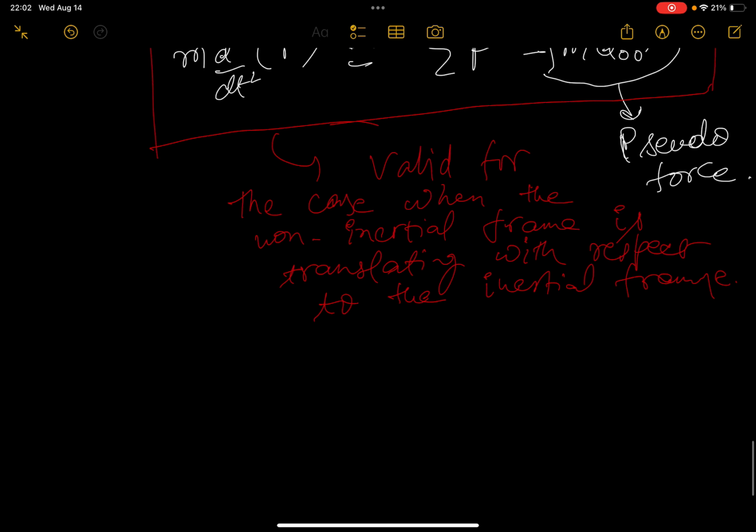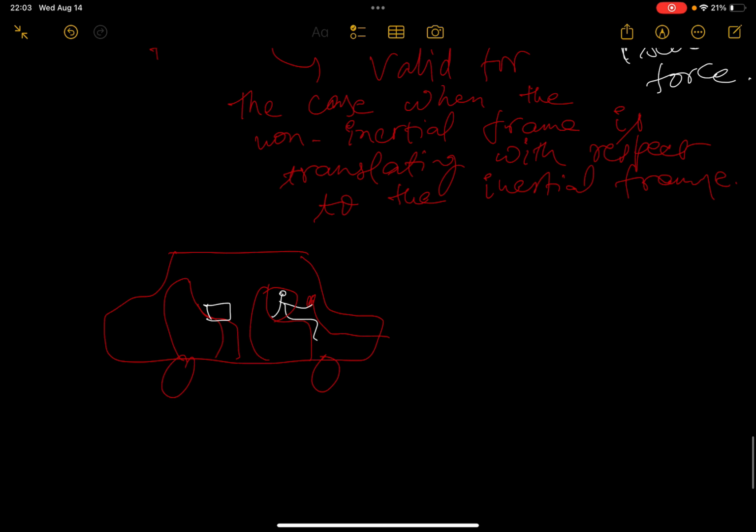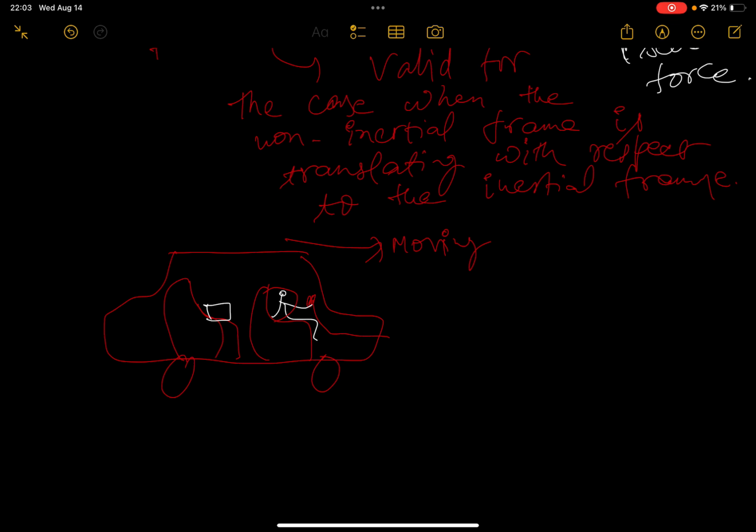So let's see. For example, you are driving inside the car, there is a seat belt, and there is a book placed towards the back side of the car, and the car is moving, and you suddenly apply the brake.